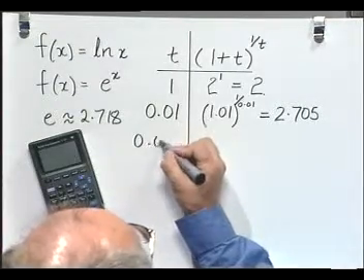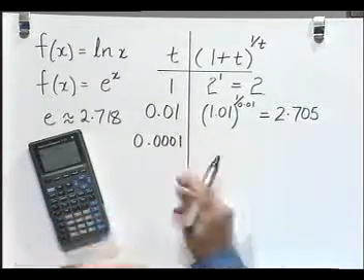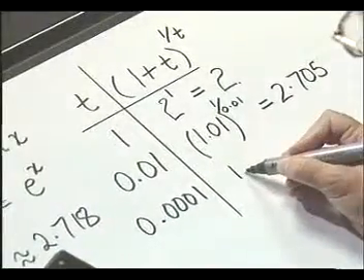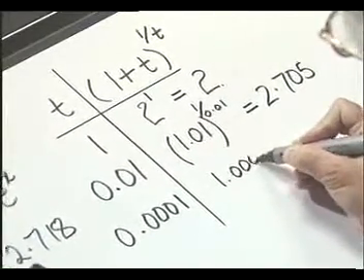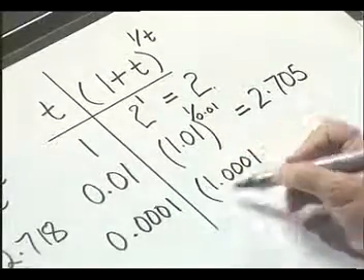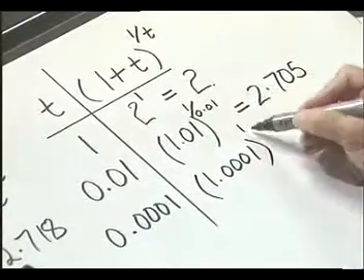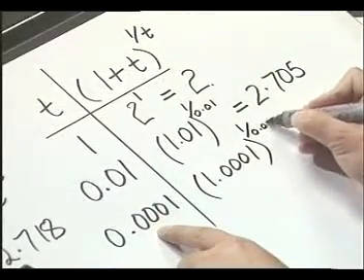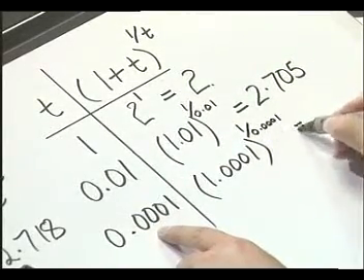Now let's see what happens when t gets even smaller. And this time, my value for t, I'm going to choose to be 0.0001. And let's evaluate this expression again. So I want 1 plus t, which is going to be 1.0001, and I want to raise it to the power 1 over t, that's 1 over 0.0001.